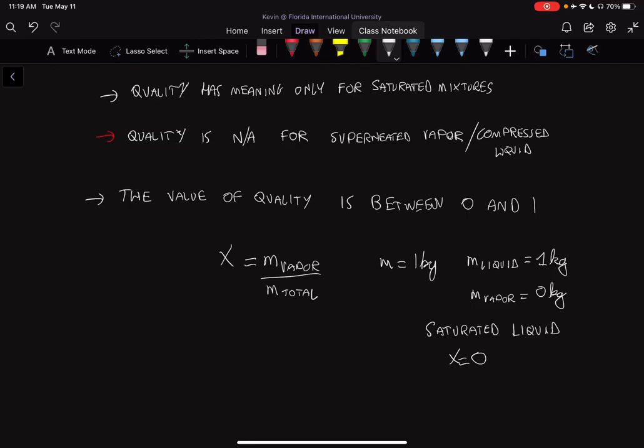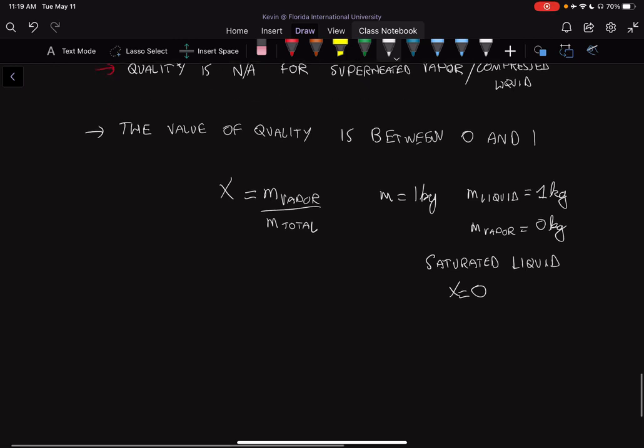Now, the same exact rule applies for two different terms that we're going to define later on in the semester. Later on, we're going to work on different things in addition to just specific volume.